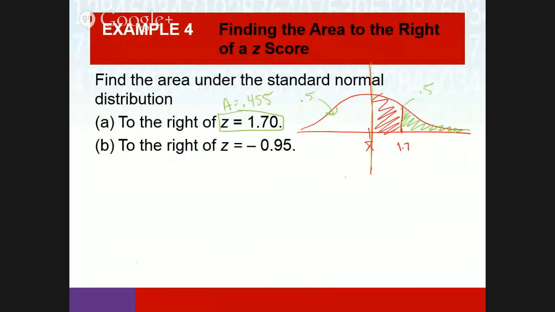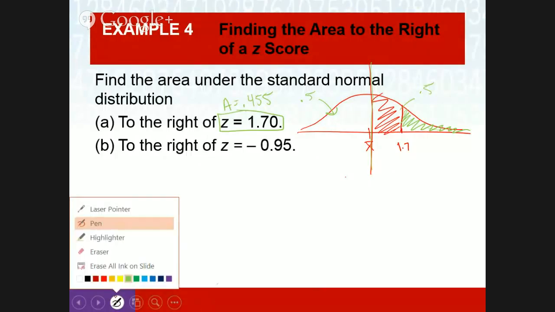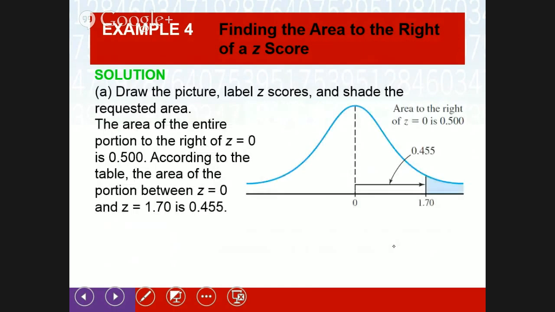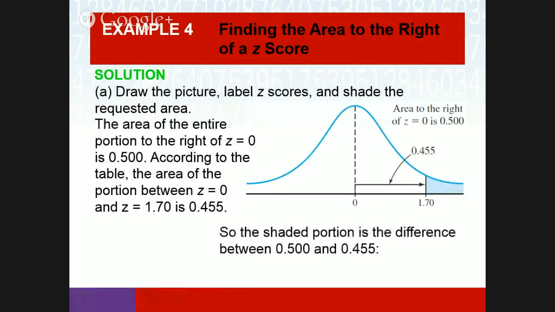So what would be the green shaded area? To find the green, I would take 0.5 minus 0.455. We get 0.045.